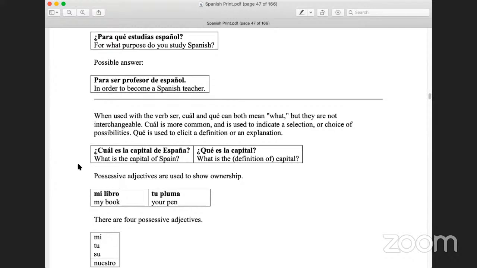Qué is used to elicit a definition or an explanation. ¿Cuál es la capital de España? What is the capital of Spain? ¿Qué es la capital? What is the capital? In other words, what is the definition of capital?